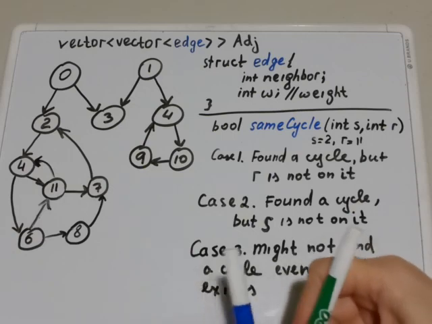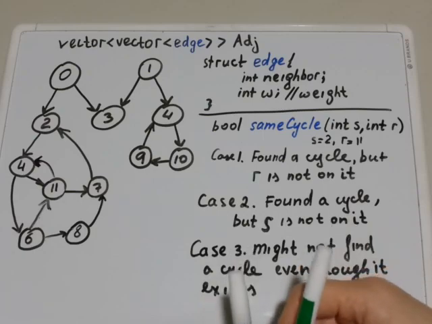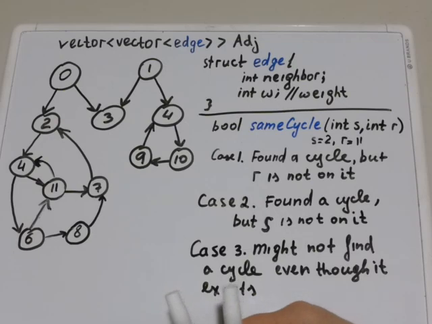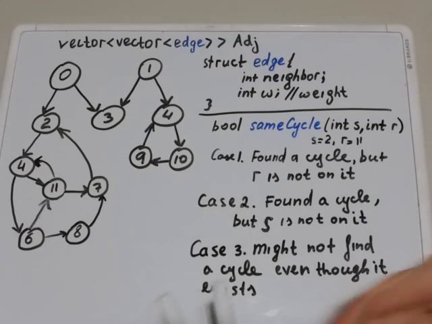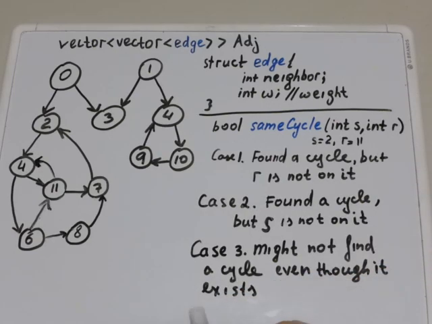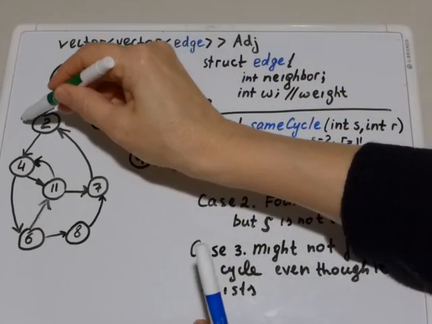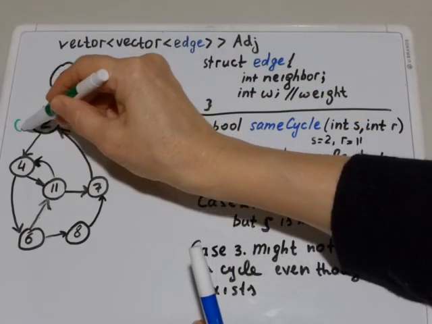So I start DFS visit on 2. Every vertex right now has color white and has parent itself. When we start the visit on 2, we color it gray.